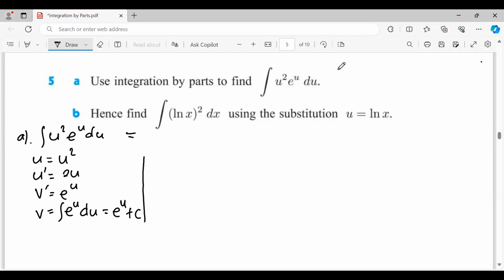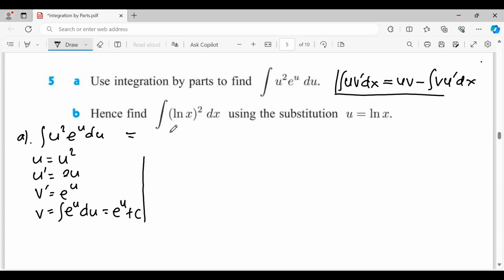Just a reminder of the formula of integration by parts: the integral of u times derivative v equals u times v minus the integral of v times derivative u dx.